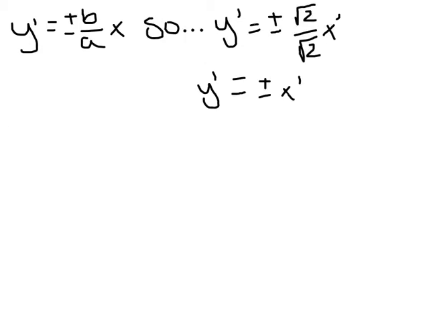You might remember from all of our practice with hyperbolas that y equals positive or negative b over a times x. So in this case, we would end up with the square root of 2 over the square root of 2, which simplifies to 1. So ultimately, our graph is y prime equals plus or minus x prime.